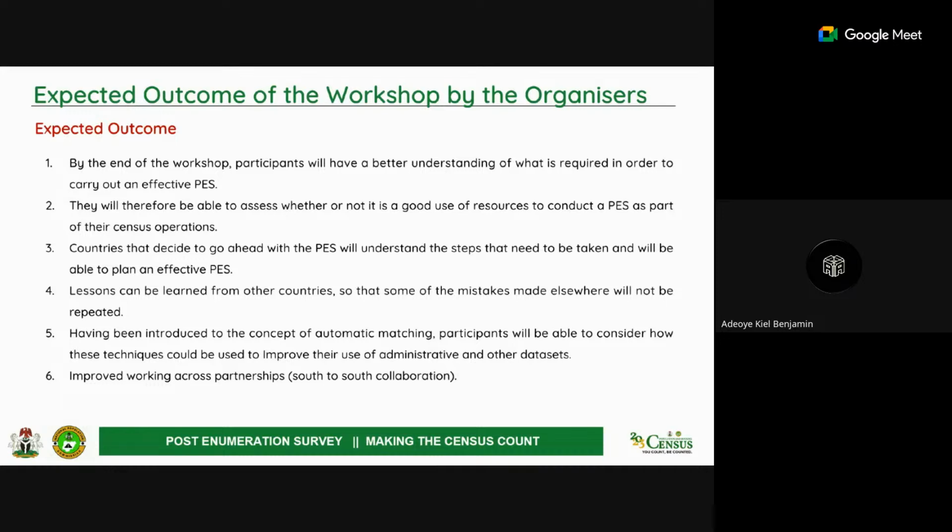Lessons can be learned from other countries so that mistakes made elsewhere will not be repeated. Having been introduced to the concept of automated matching, they should consider how these techniques will be used to improve the administration aspects, and then improve working across partnerships. That's the collaboration. So this is the expectation from the organizers.